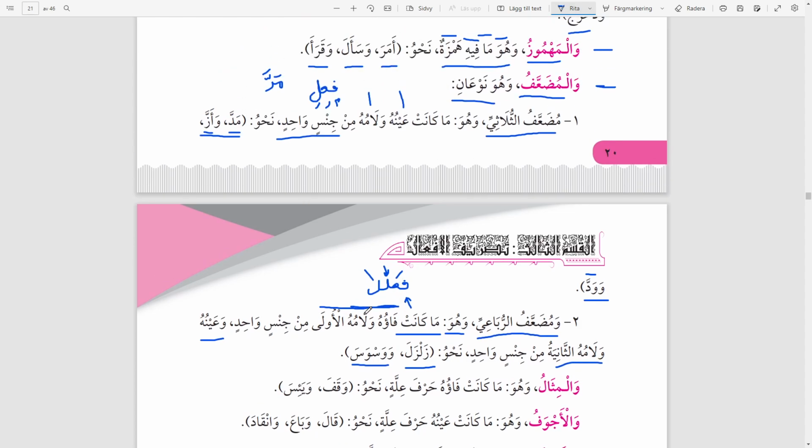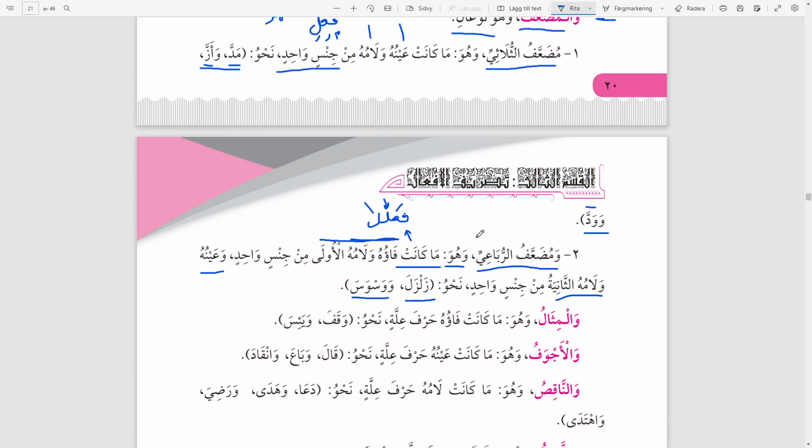And by the way, the ruba'i muda'af, generally, I'm not aware if there's any exception to this, but I will say generally, just to be safe, these kinds of words generally indicate a repetition in the act. So zalzala, to shake something violently, indicates a repetition of an act, right?